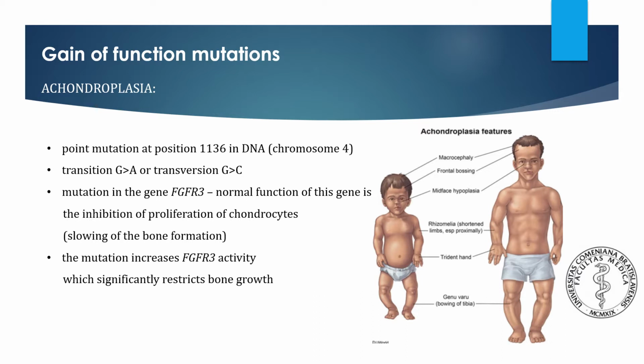It's a transition or transversion. And basically the gene that is targeted is FGFR3, and this mutation increases its activity, which significantly restricts bone growth. So the person is logically small in growth.